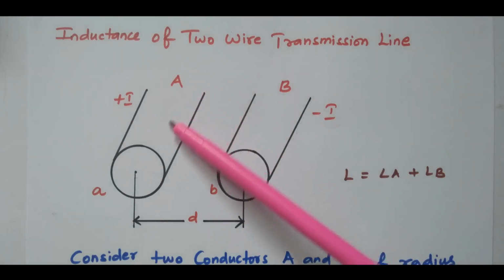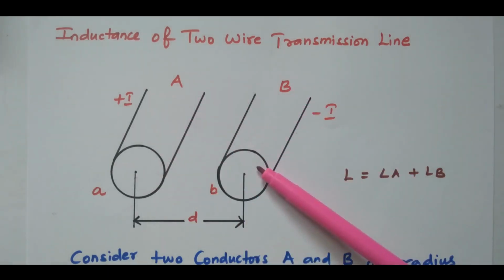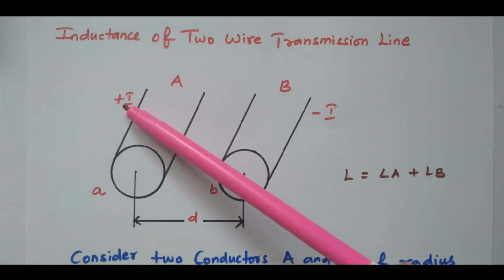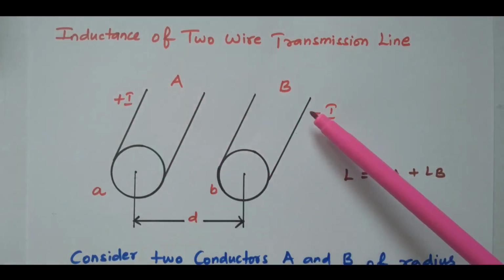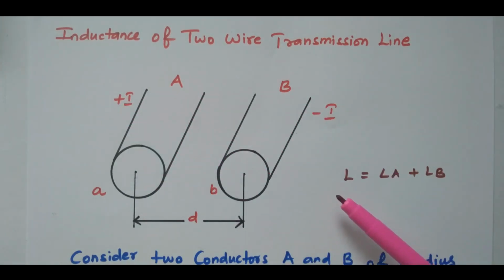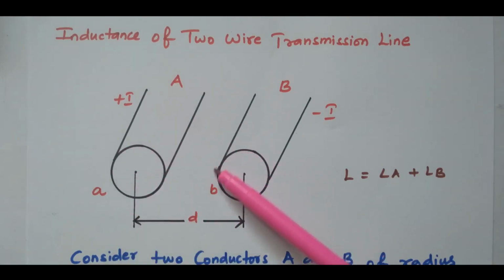So this conductor A is available. This is conductor B. In conductor A, the current flowing is plus I. For conductor B, minus I. The radius of conductor A is small a. The radius of conductor B is small b. The center to center distance between the conductors is d meters, right?